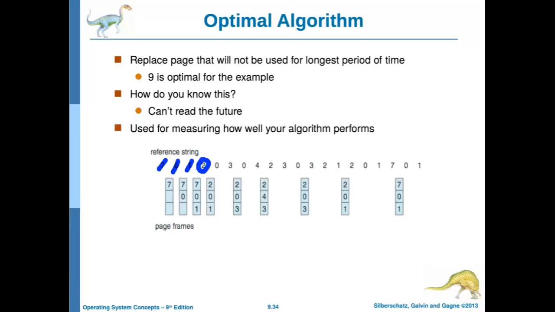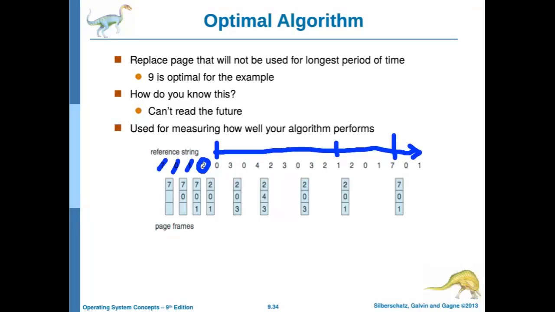So if I consider this as increasing time, 7 is required somewhere here, 0 is immediately required, and 1 is required somewhere here. So these are all future references.